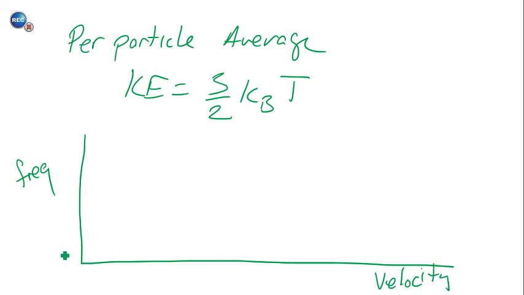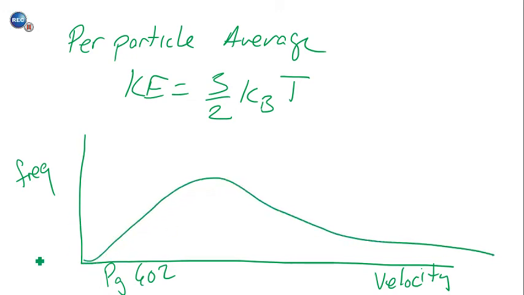And this chart is going to have, let's see, let me find where this chart is. There's a reason why I wanted you to see a chunk of this chapter. This is on page 602. This might look like that. It has to be zero at zero velocity. You don't see particles that aren't moving.